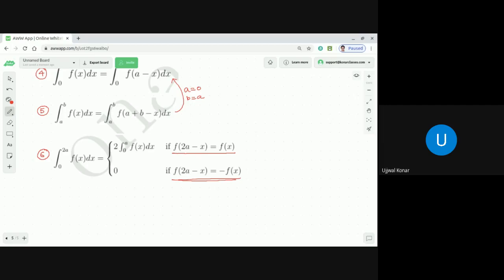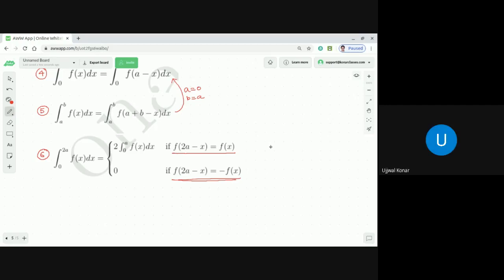You can take some examples of trigonometric functions. If you think of a equal to pi by 2, sine of pi minus x is equal to what? Sine x, dear students.